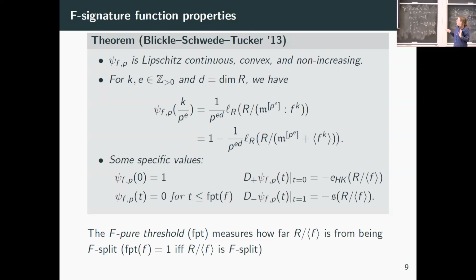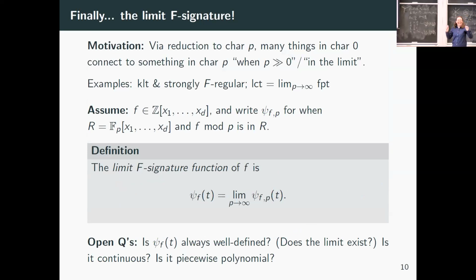Okay. So now, finally, I can actually tell you about the limit F-signature. Right, we already had one limit inside the F-signature, but now we're taking another limit. Thinking back to that example I gave of that 1/8 minus that super gross thing, as the prime got large, that's approaching a really nice number of 1/8.